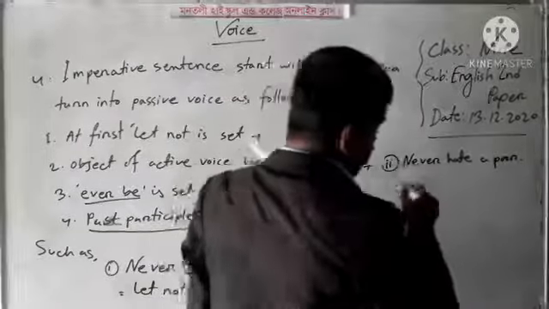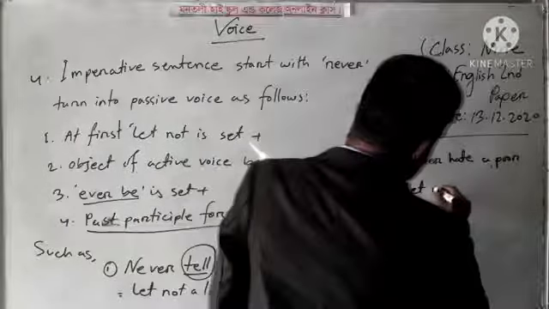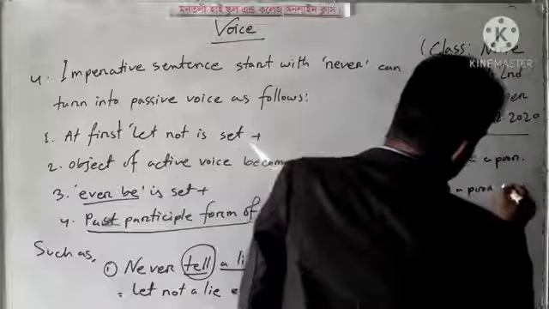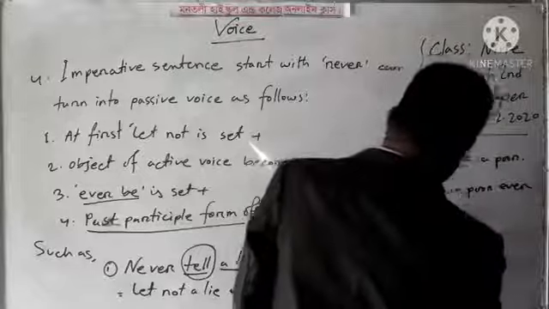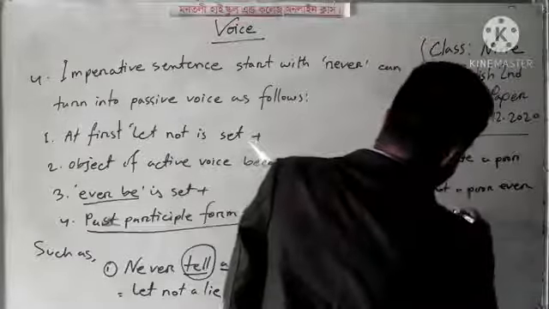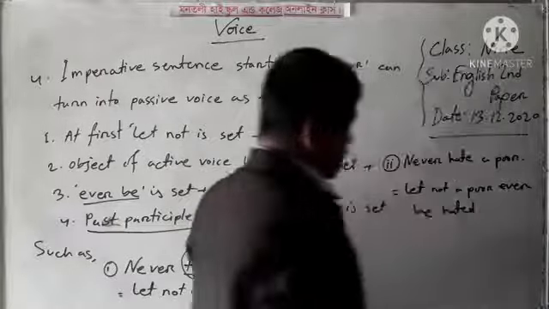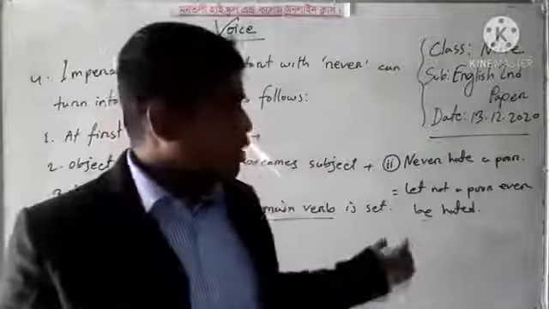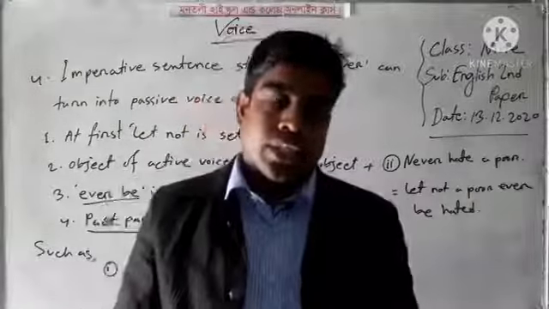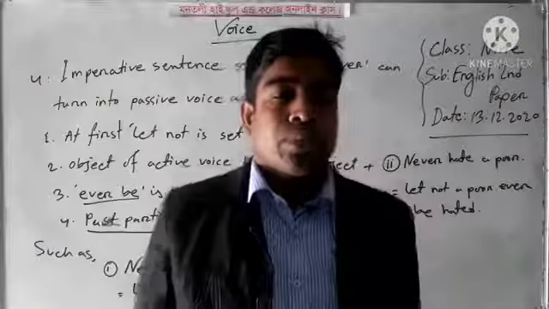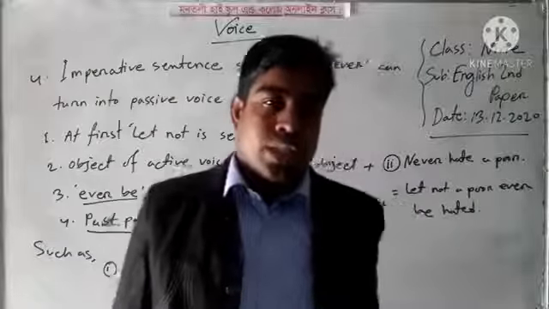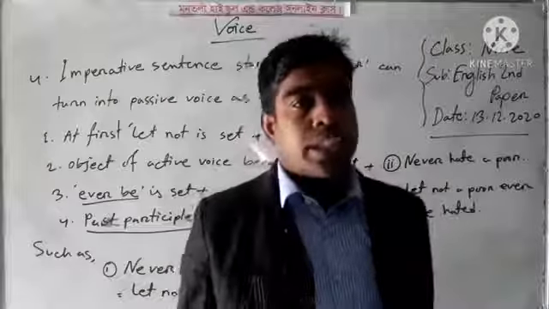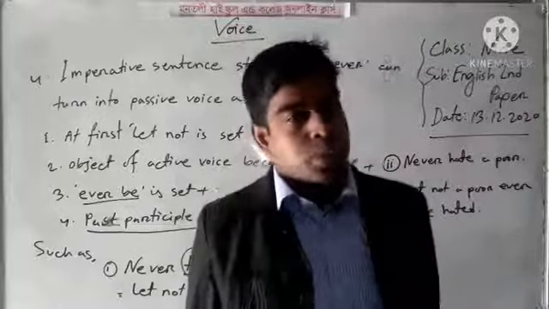So according to the rules I can write, let not a poor ever be hated. Learners, I think you are clear about the rules and it is actually very simple and easy. If you follow my rules perfectly, it will be clear to you. So be attentive to my class.